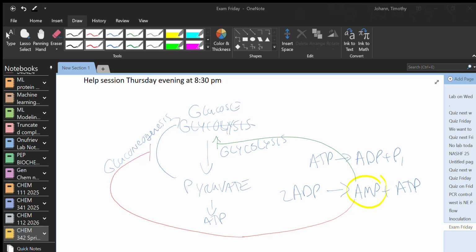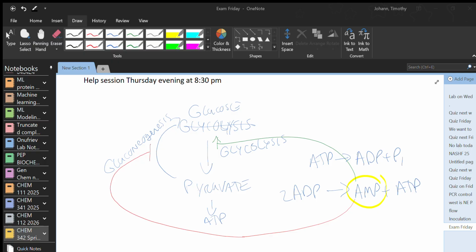Does that make sense? So this problem is testing the B. This is testing whether you understand that those single direction arrows are the ones where you would regulate. Now this is the commitment step.